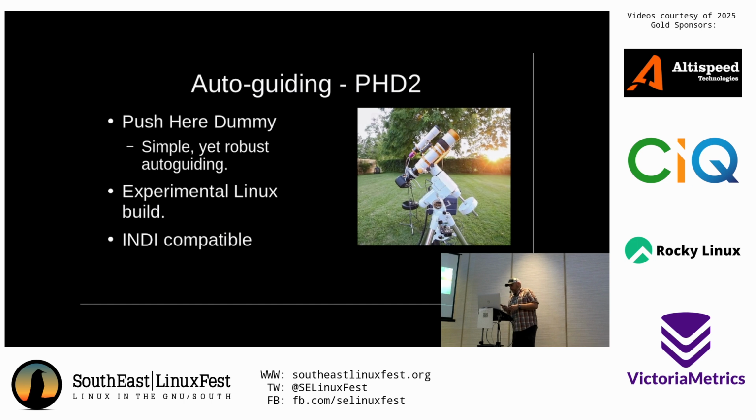Another thing I wanted to talk about a little bit. KStars and Ekos will handle your auto guiding, which, if you're not an astronomy person: you line up your mount, it starts tracking with the movement of the Earth, but every one of these mounts has some amount of error in it, some amount of slop.